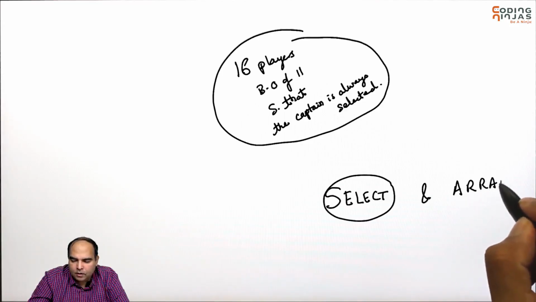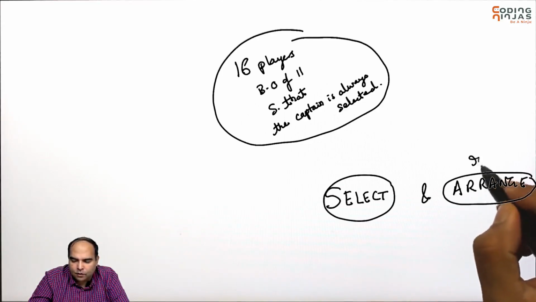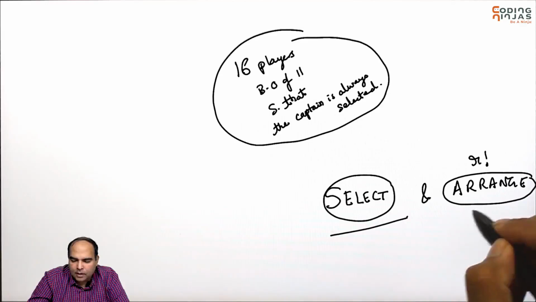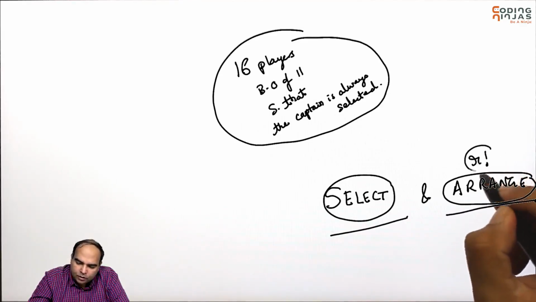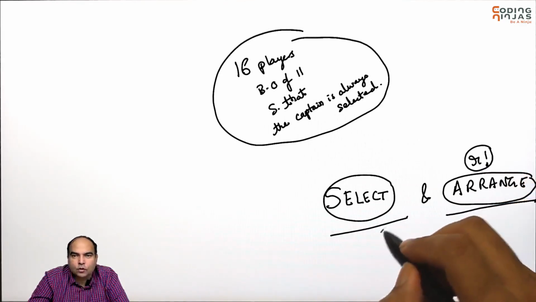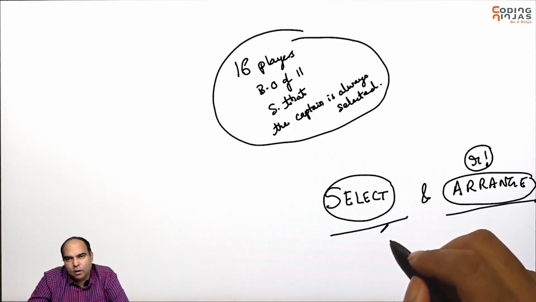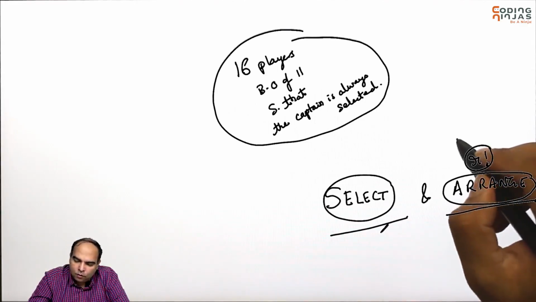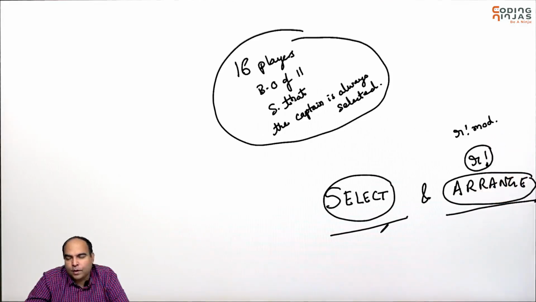The arrangement in such scenarios should be done using r factorial. Keep your selection separate and keep your arrangement separate. You'll use r factorial to arrange if what you are selecting is all distinct. But if what you are selecting has identical objects also, then you will use the r factorial modified to arrange. So let me show you examples of that.